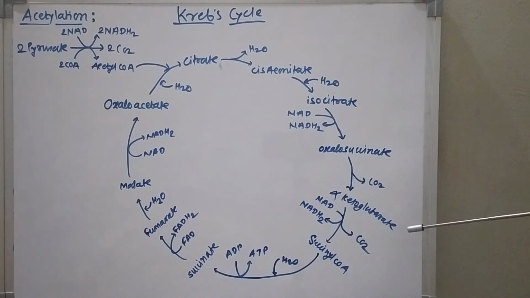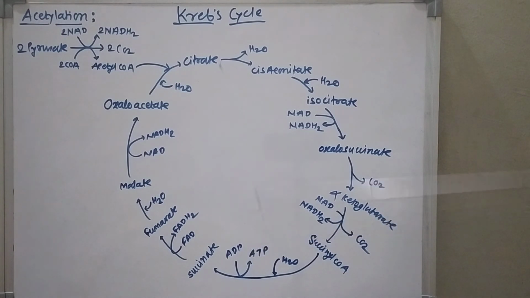Here, succinyl coenzyme A by hydration, meaning a water molecule is added, releases some amount of energy when it reacts with the water. That energy is immediately accepted by ADP and forms an energy-rich molecule, that is ATP.